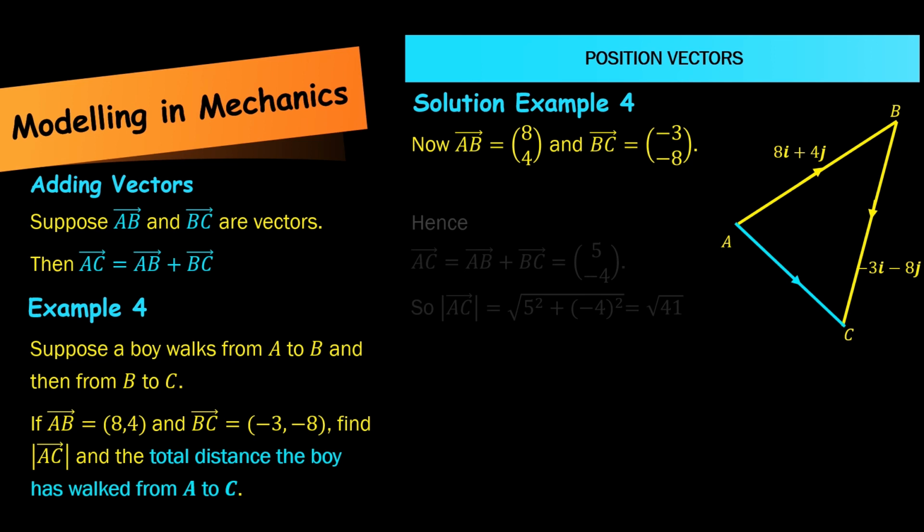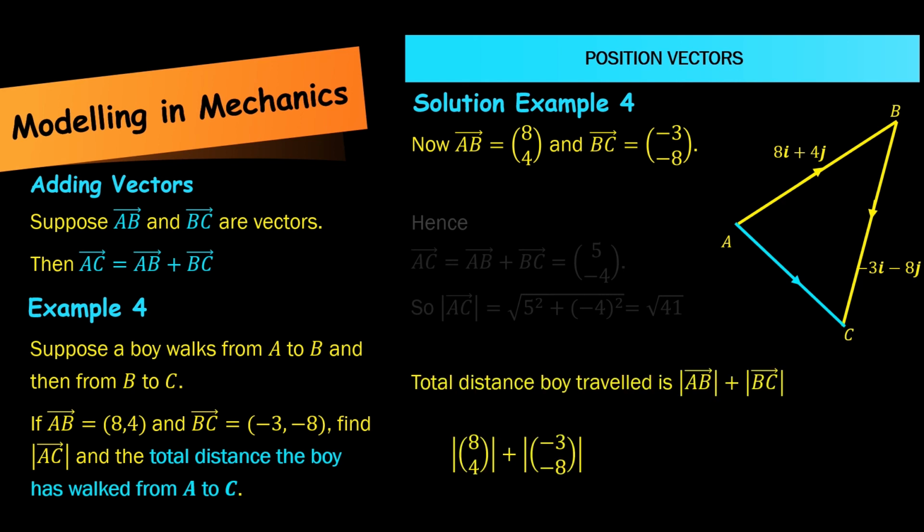We are also required to find the total distance the boy has walked from A to C. Of course, mod AC was the net distance. So if we're trying to find the total distance the boy has travelled, we're going to add the distance from A to B to the distance from B to C. In other words, mod (8, 4) plus mod (-3, -8) as shown.